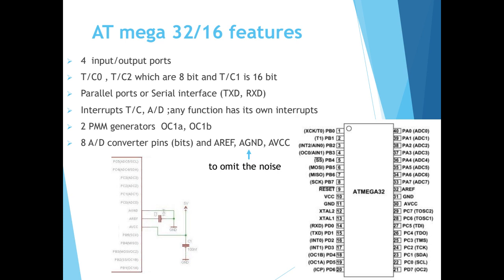About ATmega32 or 16 that we want to talk about, it includes 3 timer counters: timer counter 0, timer counter 1, and timer counter 2. Timer counter 0 and timer counter 2 are 8 bits, and timer counter 1 is 16 bit.